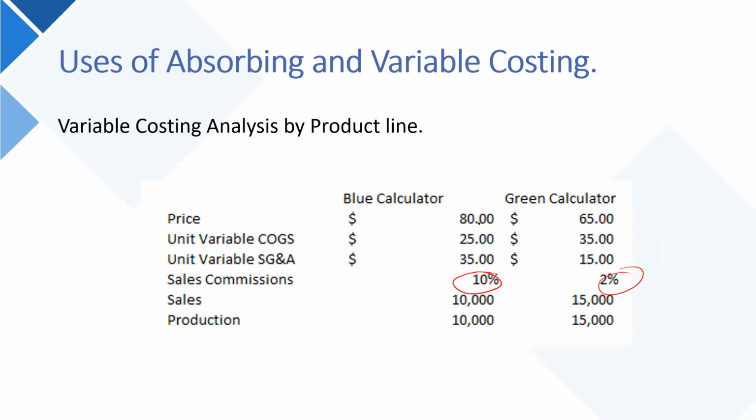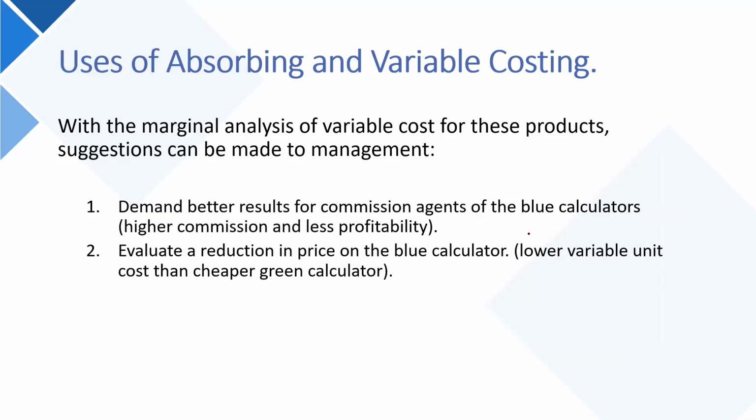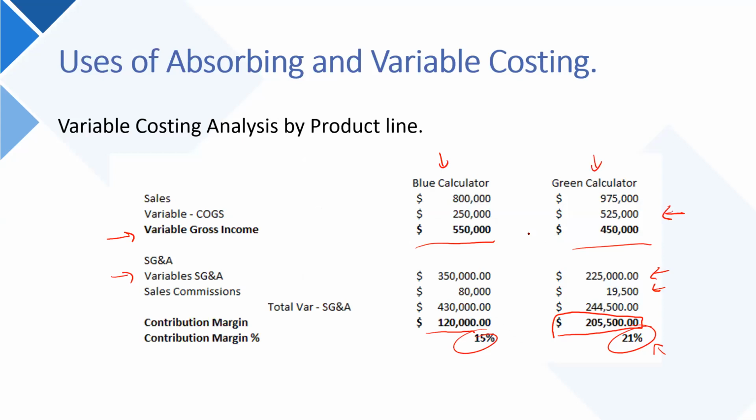And maybe the reason why you are selling fewer blue calculators than green calculators is just the price, right? Maybe it's a commodity product. So we can analyze a reduction in the price. Maybe a reduction in the price would actually increase the volume of calculators sold. And in that case, you will gain a better contribution margin on the blue calculators.